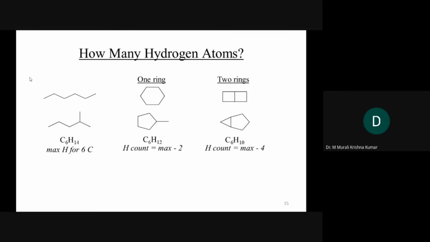When you have two rings, the molecular formula indicates that the hydrogen count is reduced by 4, maximum minus 4. So for every ring, we lose two hydrogens. A ring or a pi bond, both reduce the molecular formula by 2. That is what we call degrees of unsaturation.